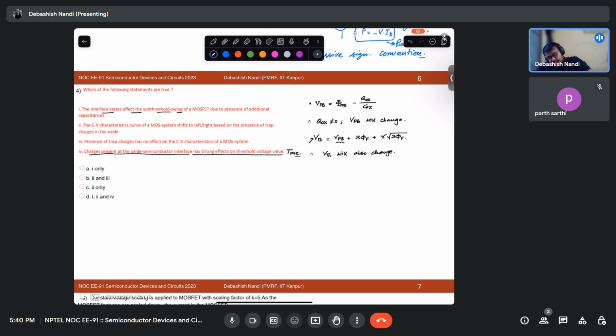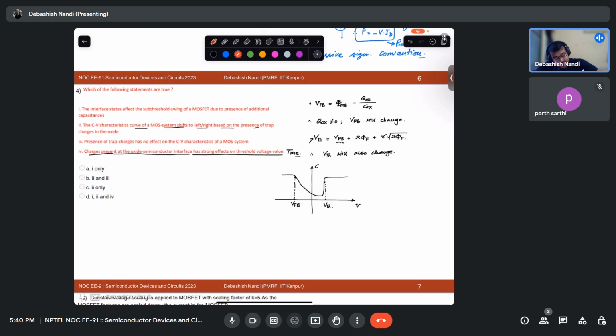The interface states affect the subthreshold, let us go to that after some time. The CV characteristics curve shifts left right. Suppose this is your CV characteristics. This point will be your VFB, and somewhere around this point you will have your VTH.